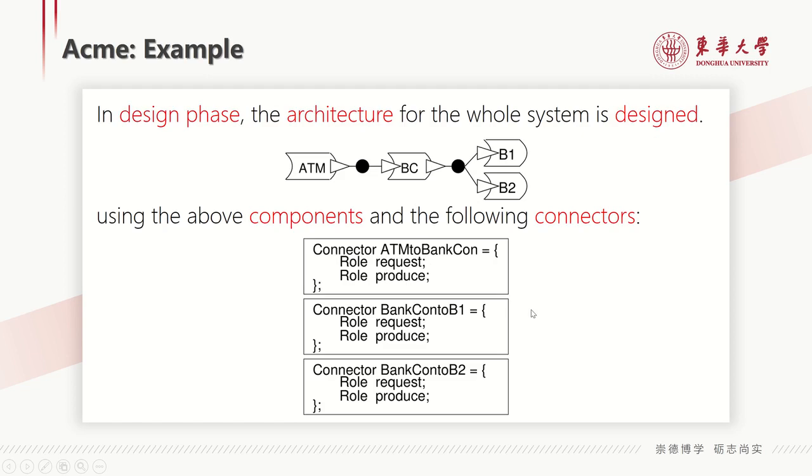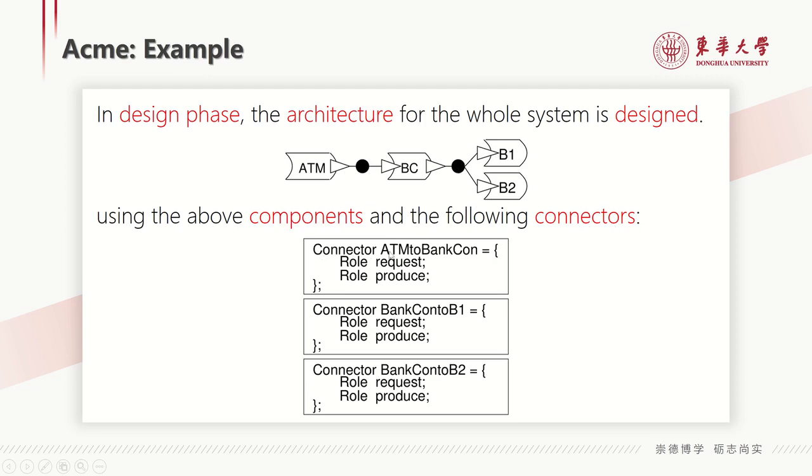So in the design phase, the architecture for the whole system is designed like this. The ATM uses its port and a connector to connect to the bank consortium, and the consortium uses its ports and connectors to connect to Bank 1 and Bank 2. Using the above components and the following connectors, we have to define the connectors as well.